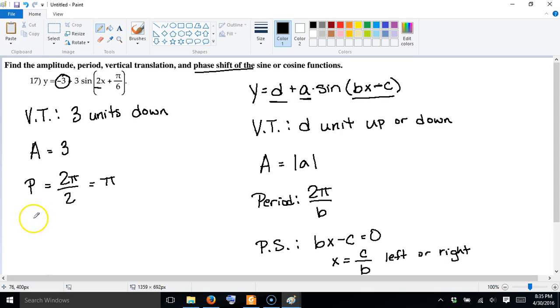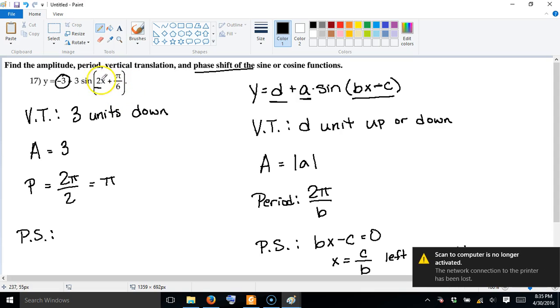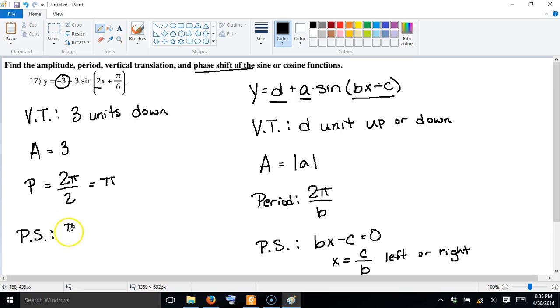And then our phase shift. So phase shift is equal to this value divided by 2. Okay, so pi over 6 divided by 2. Reduce that. Don't divide 6 by 2. That's not the way you divide these two fractions.